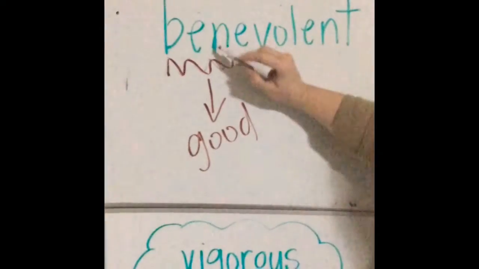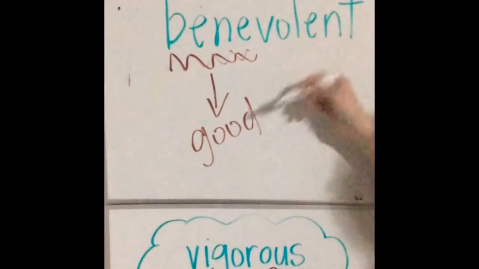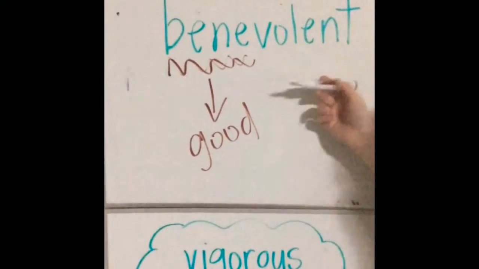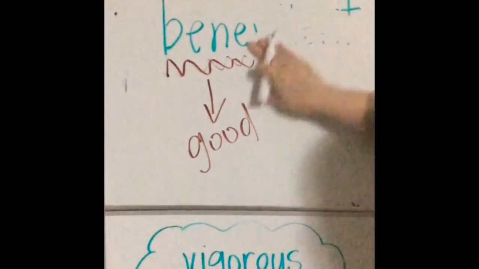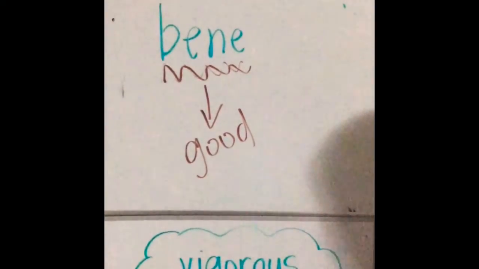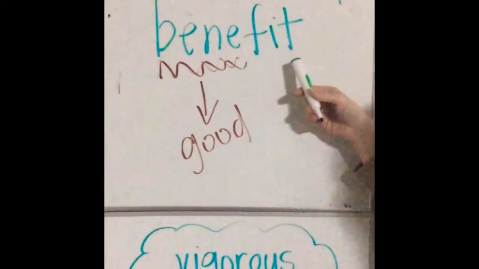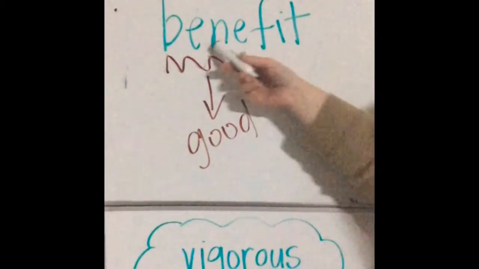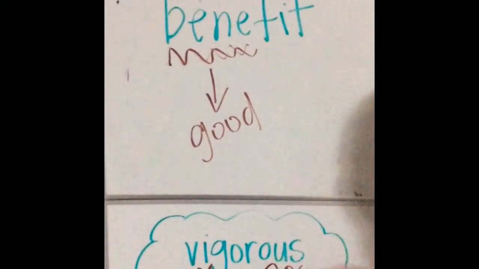I know that any word that starts with B-E-N-E is something good. You probably know another word that uses this root that you use more commonly, a word like benefit. A benefit is something good that you get. So I know that bene means good in words like benefit or benevolent.